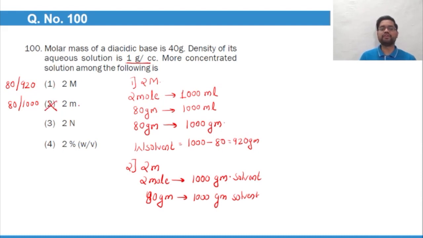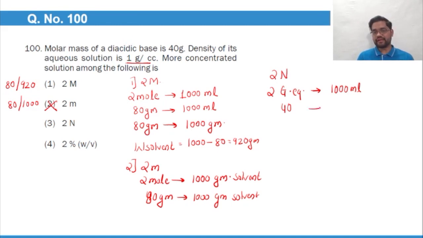This is more concentrated. 2 normal. If I talk about 2 normal solution, can I say that 2 gram equivalent is present in 1000 ml? 2 gram equivalent will be equal to what? 40 grams, right? It is dibasic acid and its n factor will be 2.